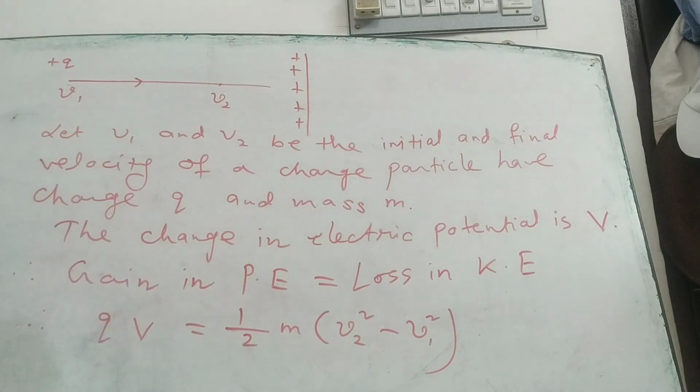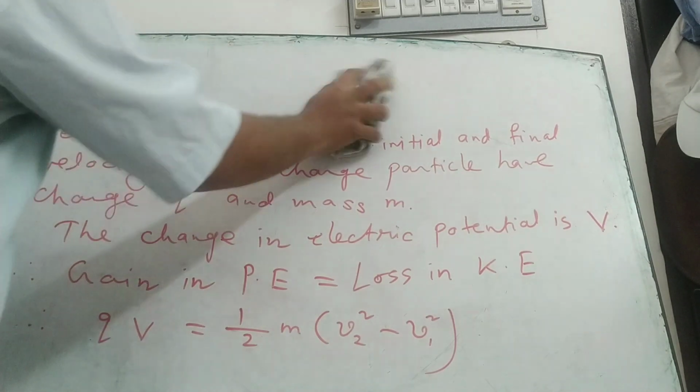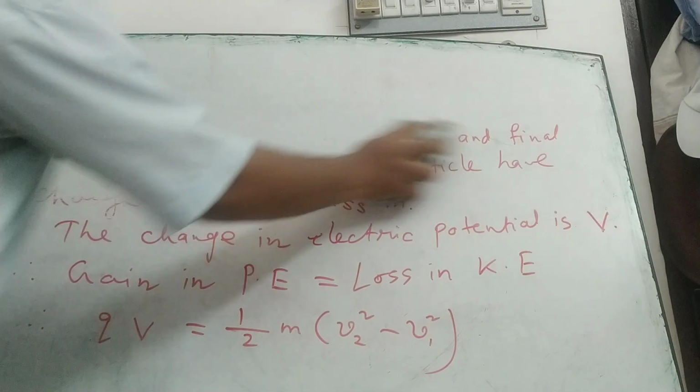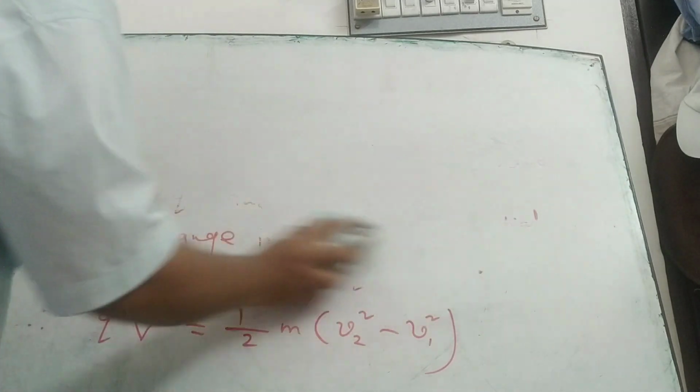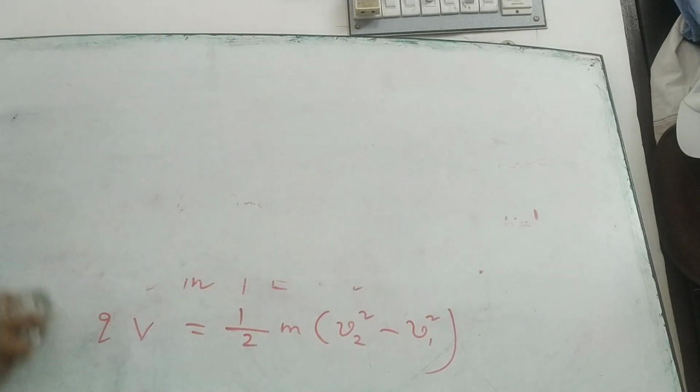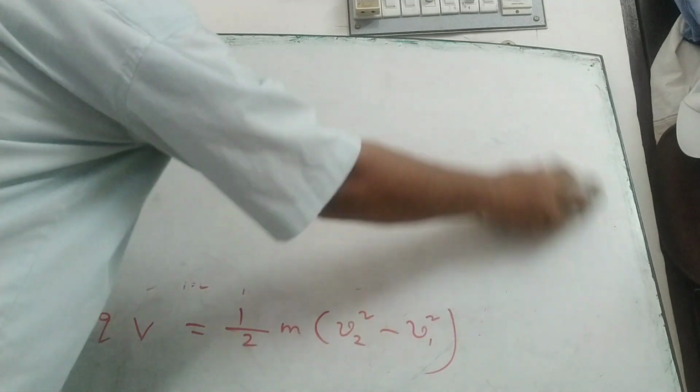From this relation, we can also define electron volt. Electron volt is a unit of energy. Let us consider an electron moves in an electric field against the force.